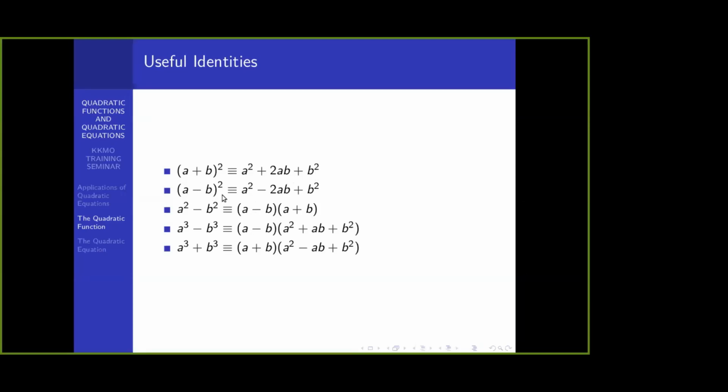We have a minus b squared is a squared minus 2ab plus b squared, and so on. The last two are not quadratic functions, but they are useful sometimes because one of their factors is quadratic, and they can be useful when solving problems.